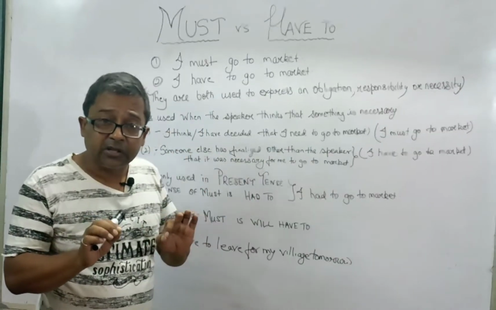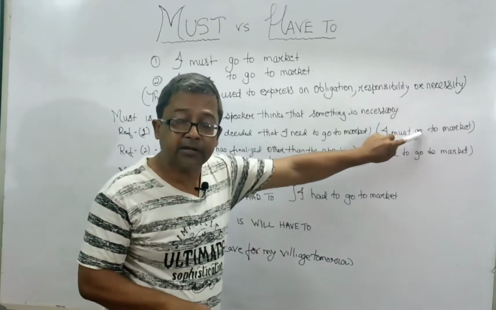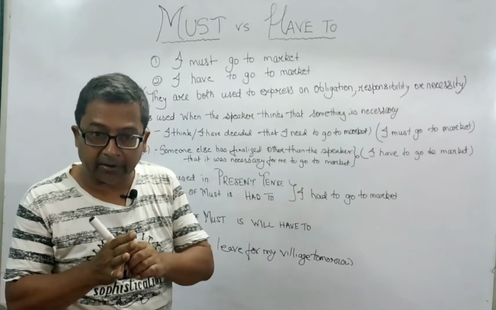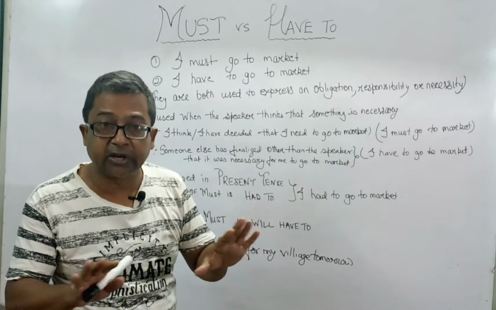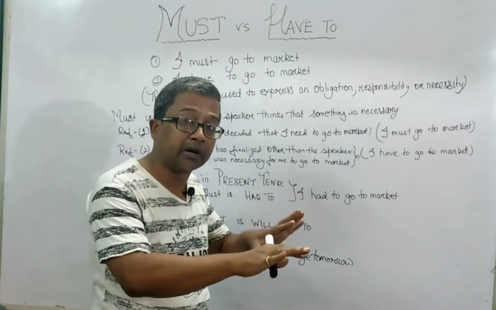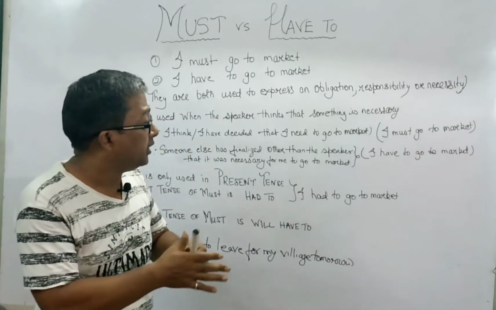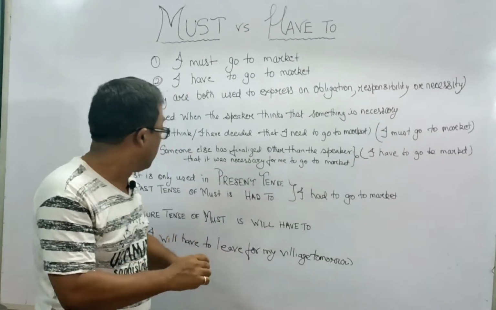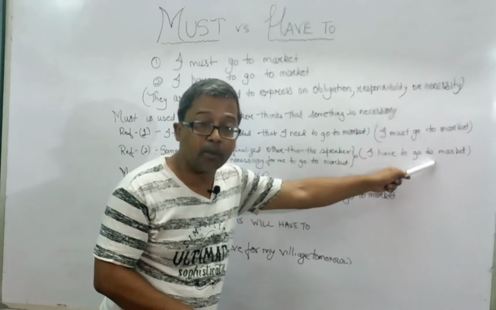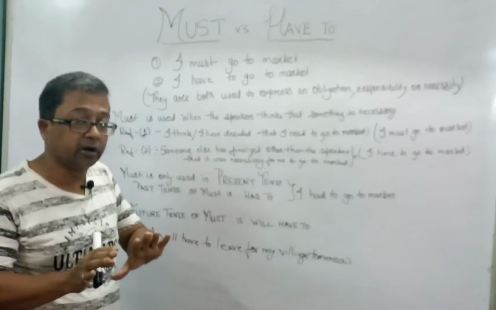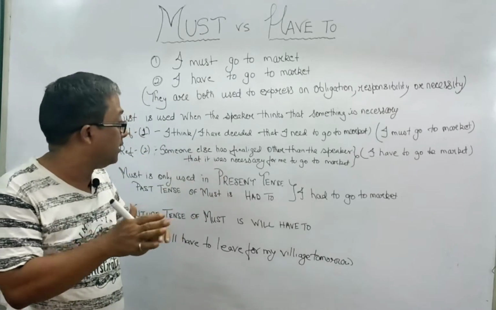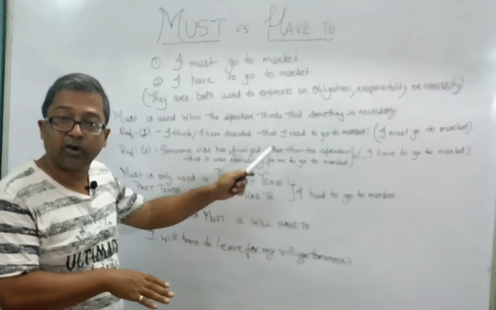Clear? The difference? I must go to the market: I think it is necessary, or the speaker thinks it is necessary to go to the market. No one else is putting pressure. There is no obligation from someone putting a condition that you have to go to the market. But when someone says I have to go to market, it is not the speaker but someone else who has decided that it is necessary for someone to go to the market.